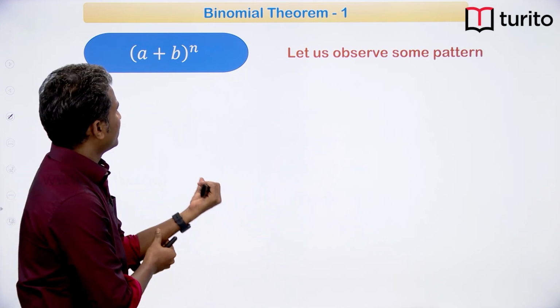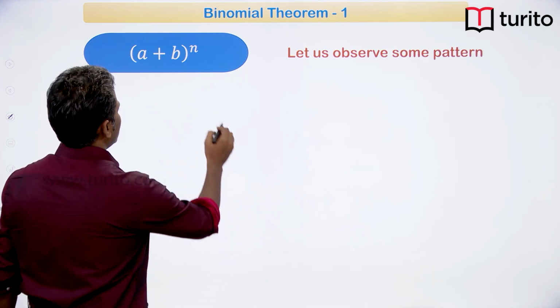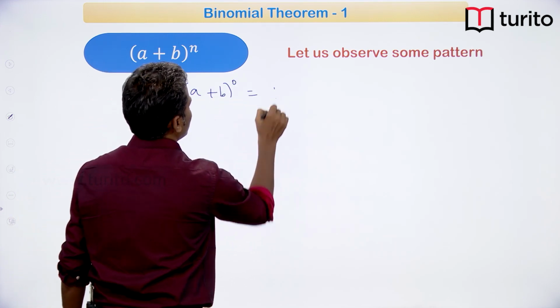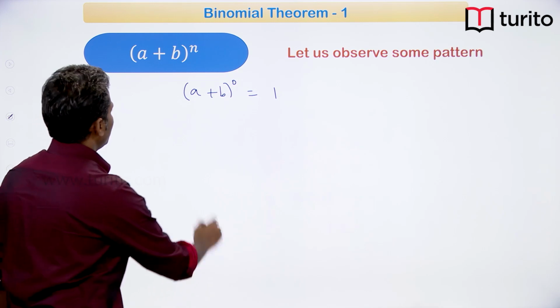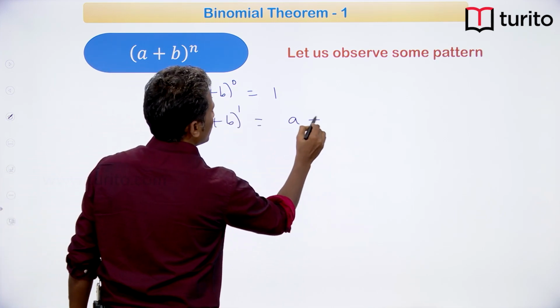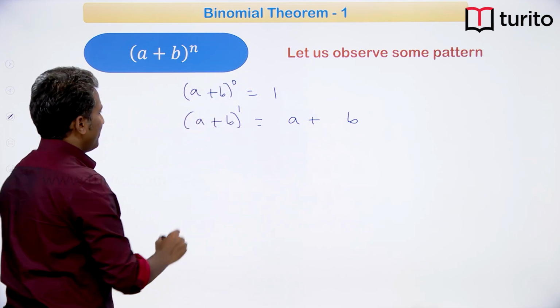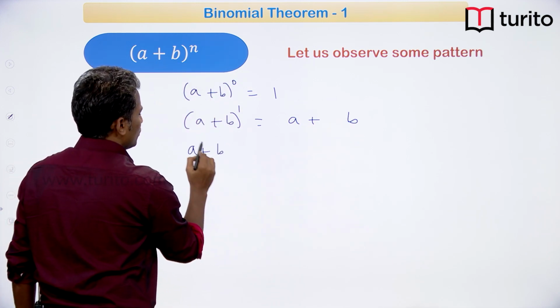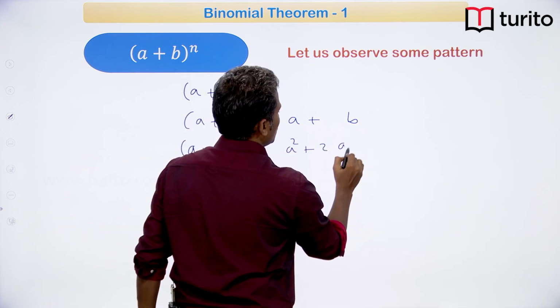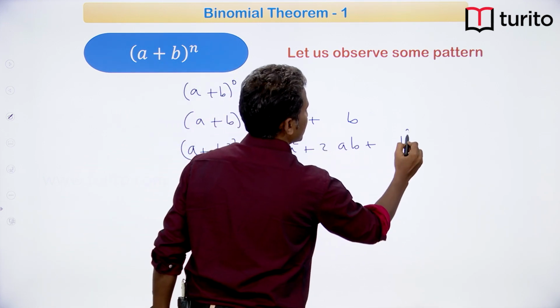Okay? So for example, if we take a plus b raised to 0, we are going to get 1, right? If we take a plus b whole raised to 1, it is going to be a plus b. If we take a plus b whole square, it is going to be a square plus 2ab plus b square.